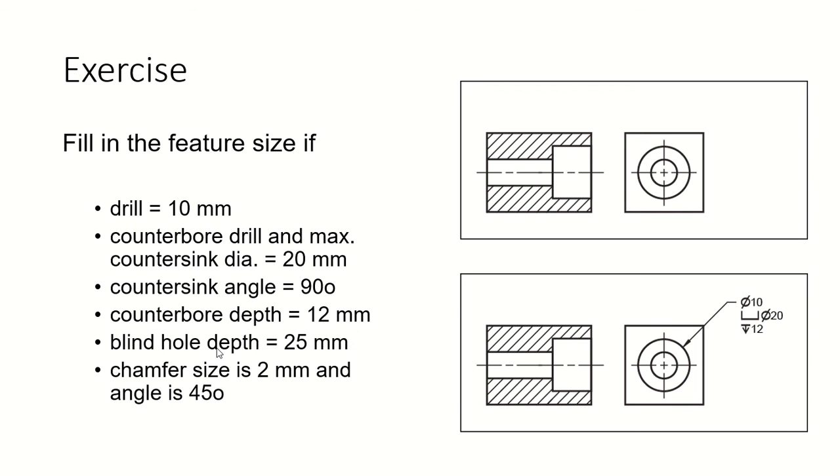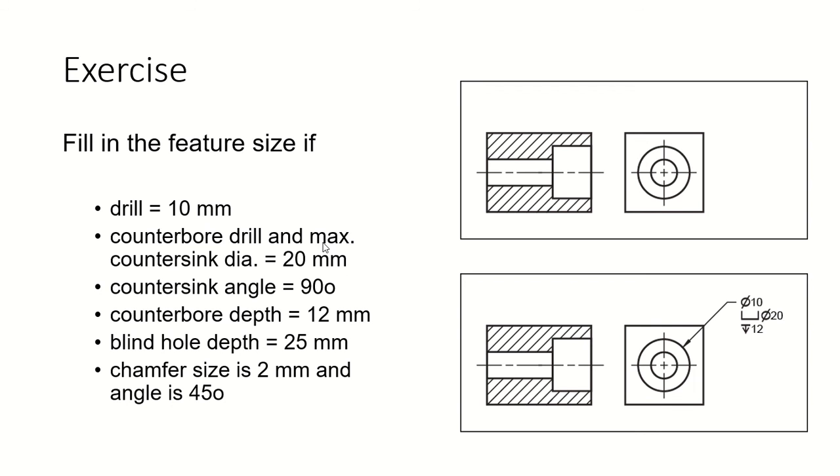And then I'm going to go to my sheet and look at it. What's the counterbore depth, right? And the counterbore diameter. So I found the depth is 12. So I put my depth as 12 for my counterbore, and then the counterbore drill and max countersink diameter. So they're given like a 2, it can be counterbore or sink, and that diameter is going to be maximum 20. So I put that in here.